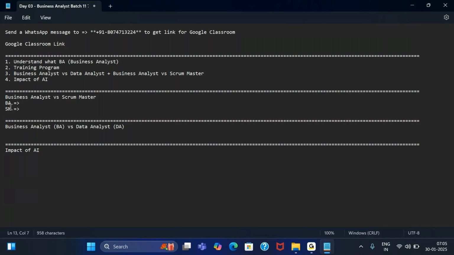BA is about managing external stakeholders plus internal stakeholders. A Scrum Master is mainly responsible for managing internal stakeholders.